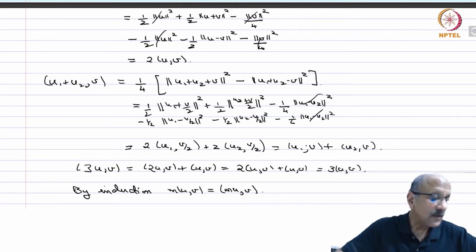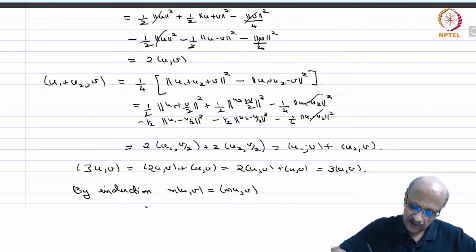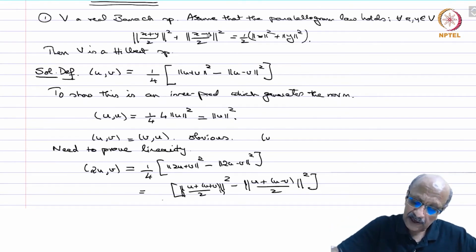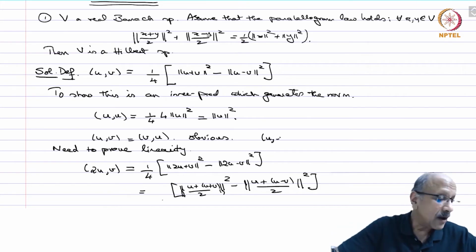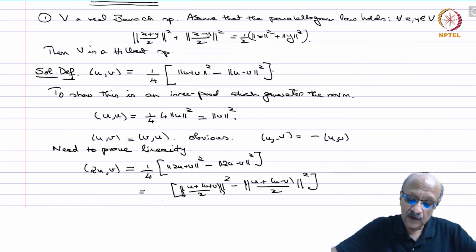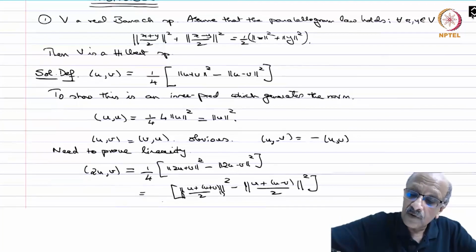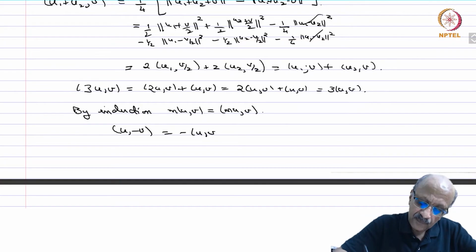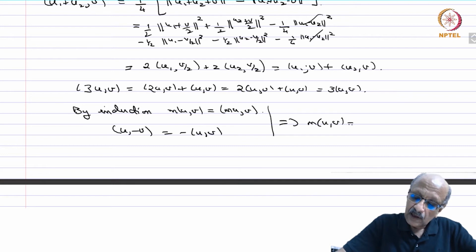And also you have that (u, -v): if I put minus v in the definition, let me write it here itself, (u, -v) is equal to minus (u,v) from this definition, because this will become plus and this will become minus, and so that is just minus (u,v). So that also we have. We already have this, and therefore these two imply m times (u,v) equals (mu, v) for all m in Z.